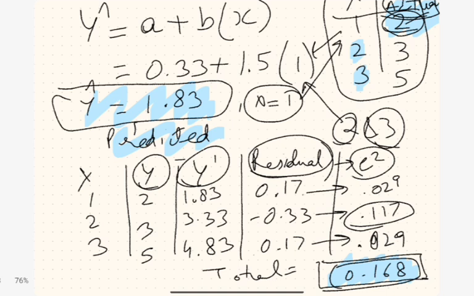This is why the least squares regression line is called the best fit line. So now you have understood why it is known as the best fit line. I hope I have made myself quite clear, and now you have understood the concept behind regression and how this equation of prediction works in regression analysis.